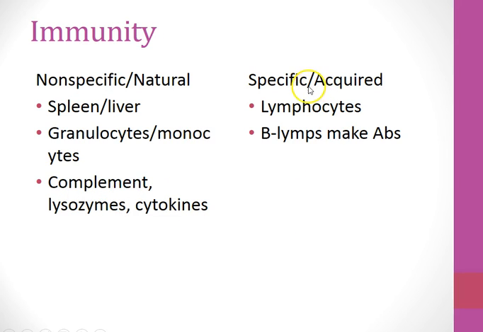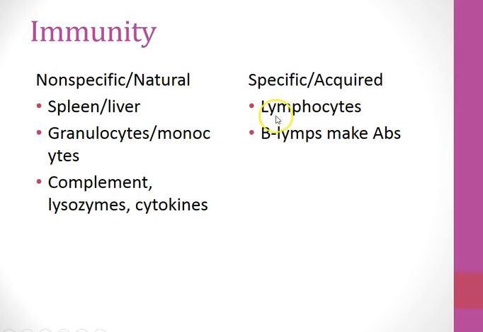At the same time, there's a more specific response, and this is due to antibody production. An antibody can be produced by lymphocytes, specifically the B lymphocytes. So when a flu virus comes in, the lymphocytes will start to produce an antibody towards that flu virus.